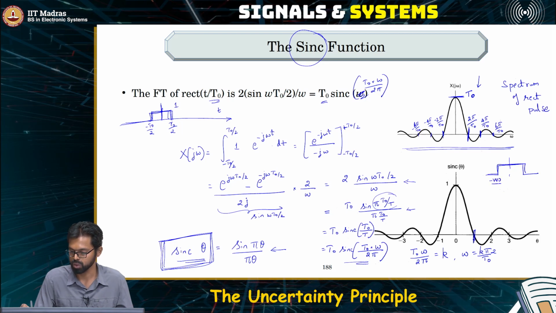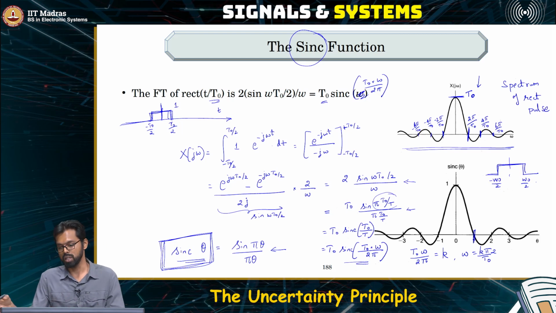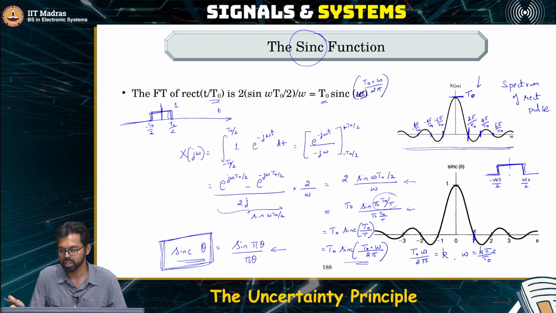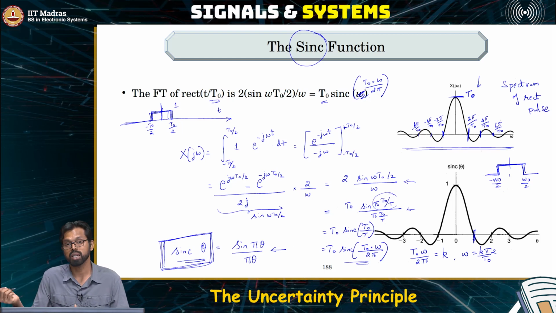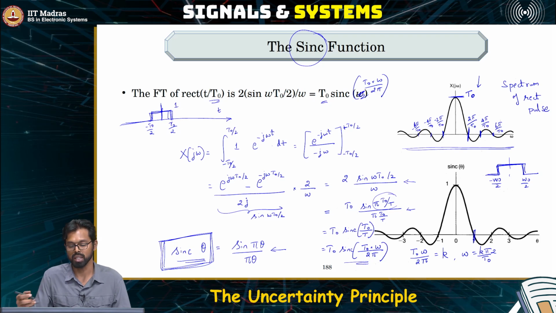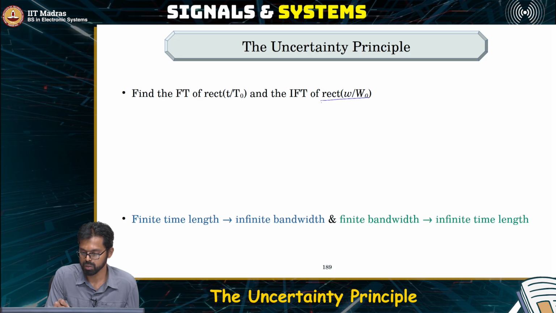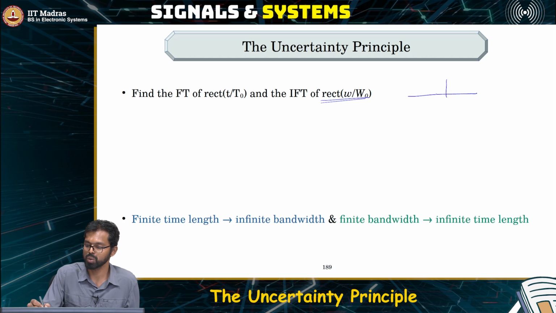Something from minus omega naught by 2 to plus omega naught by 2. If we had a rectangular pulse in the frequency domain, that is, we had only a fixed set of frequencies to be added, then what would be the corresponding time domain signal that it would produce? Let's see that. So essentially we are trying to compute something of this form. So we are saying the spectrum now looks like this.